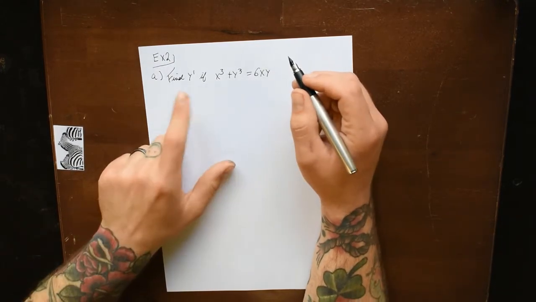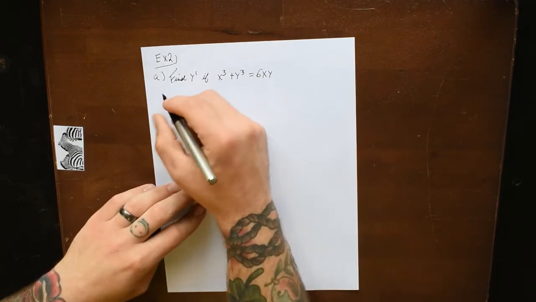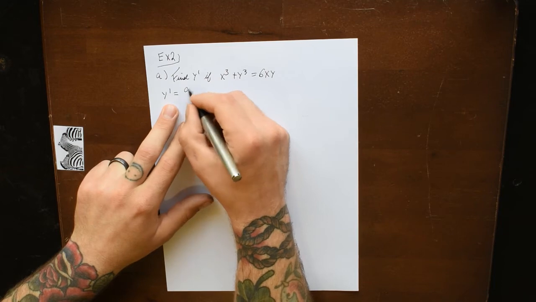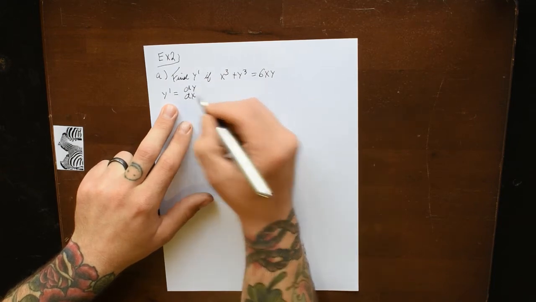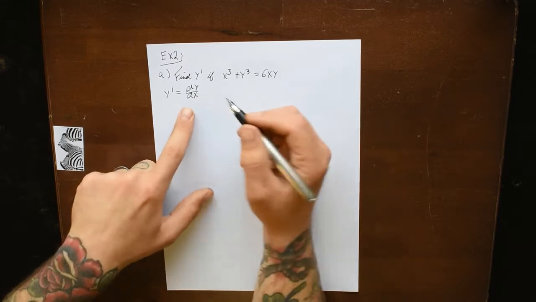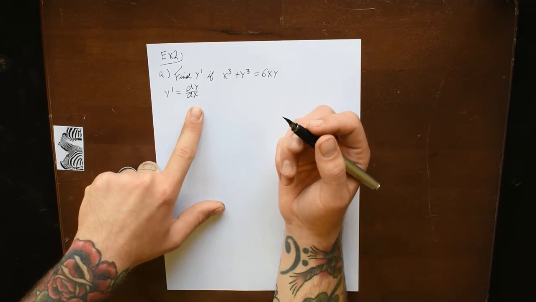Okay, so the thing to remember is that y prime is just another way of writing dy dx. So if we want to find y prime, that's the same as finding dy dx.